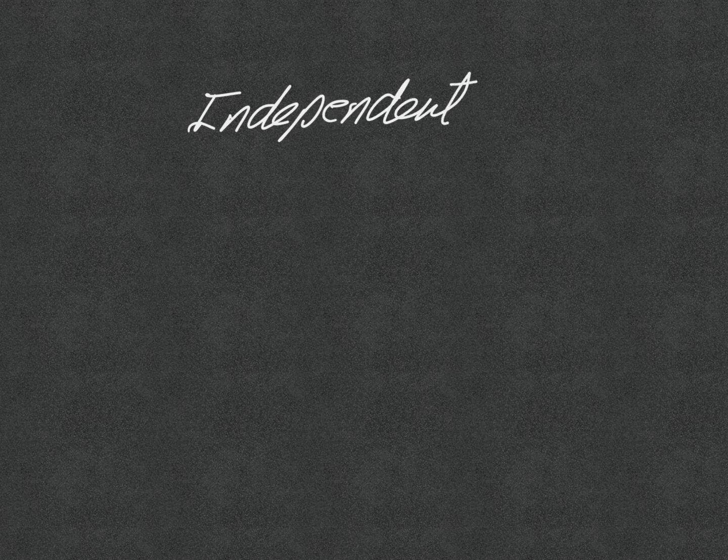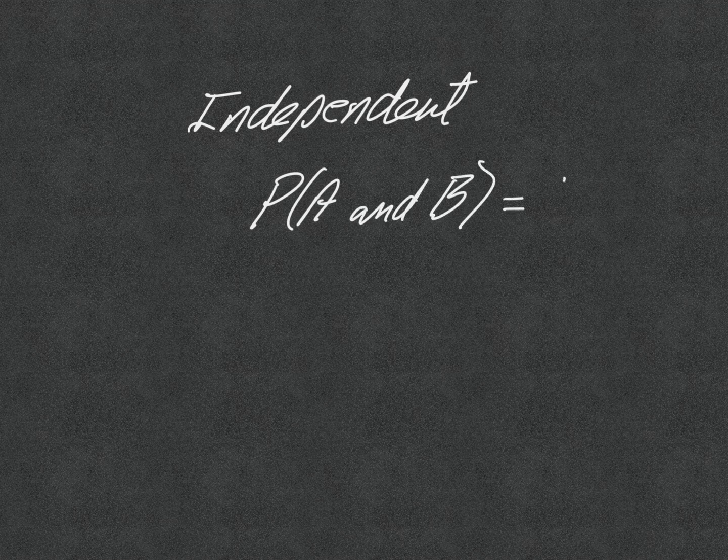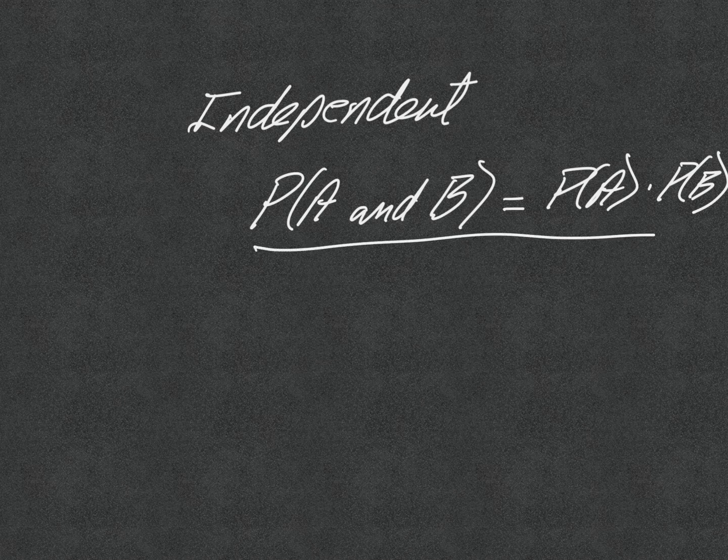One more thing, last thing: another way to say things are independent is if the probability of A and B is equal to the probability of A times the probability of B. Now, this is just a check.